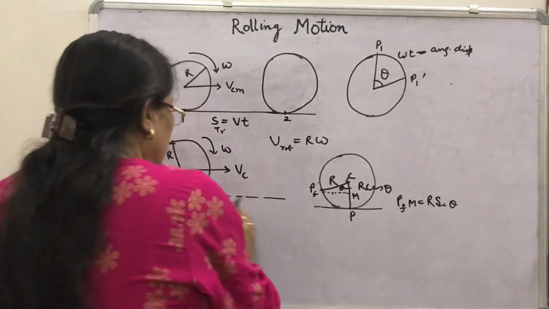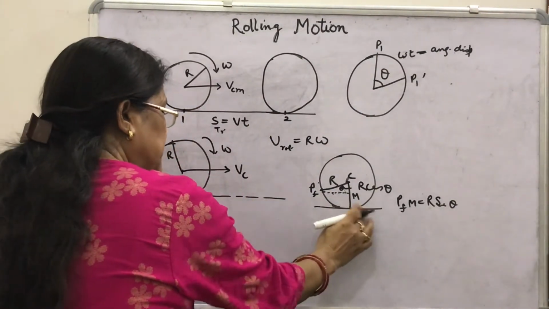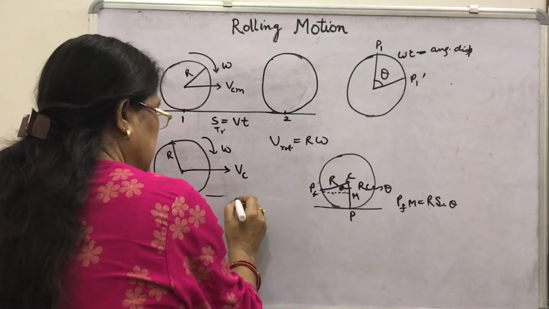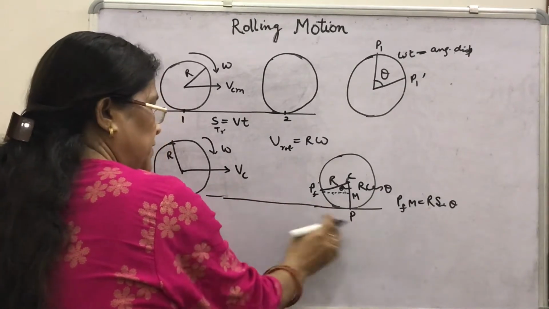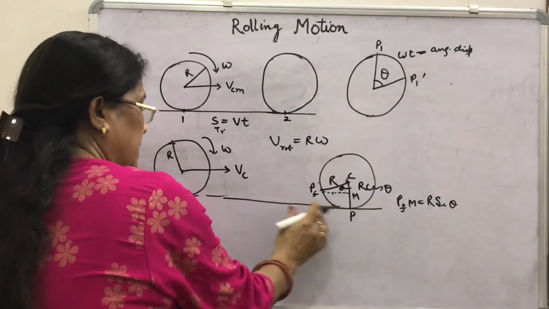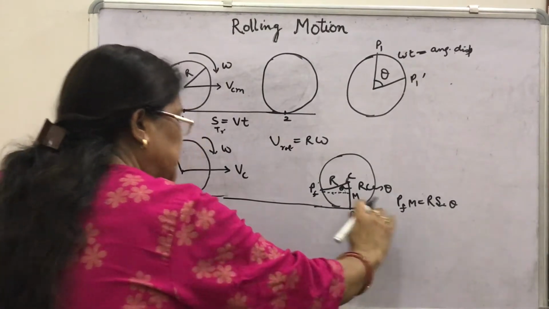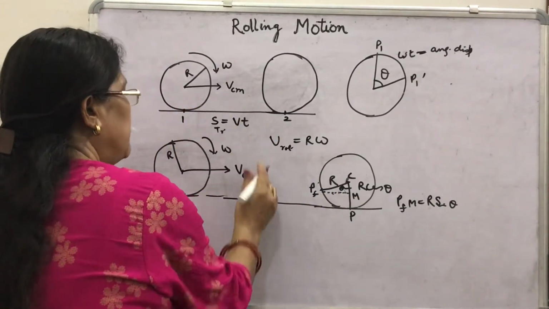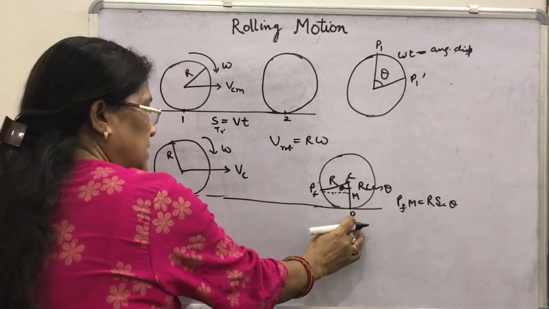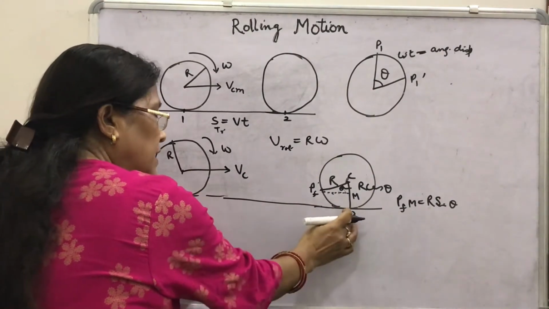Look here, from this position to this position, the object has covered the distance from this point P to this position, and this linear displacement, what we have written here, Vt, but the actual point P is here.